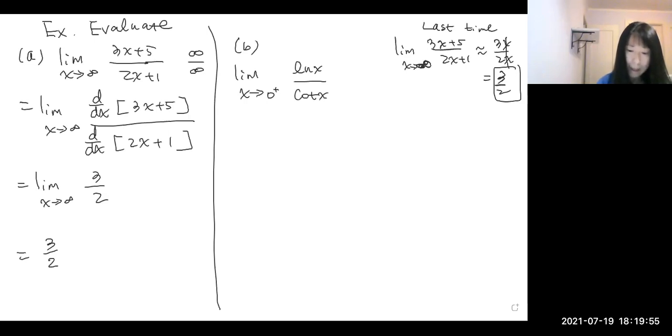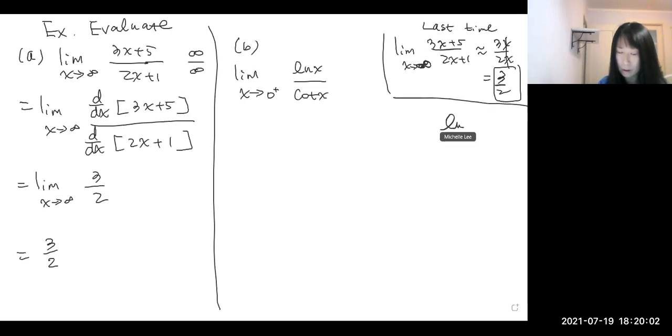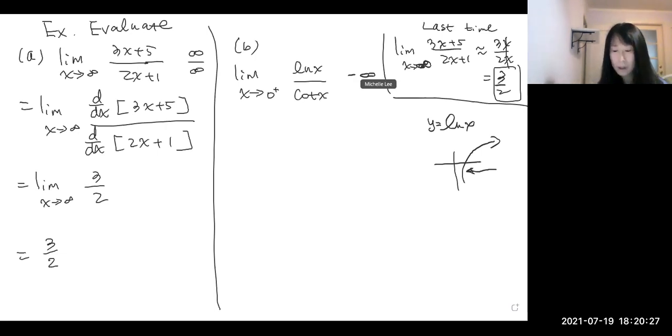So ln x, so ln 0 from the right, what do you get? Good, negative infinity.